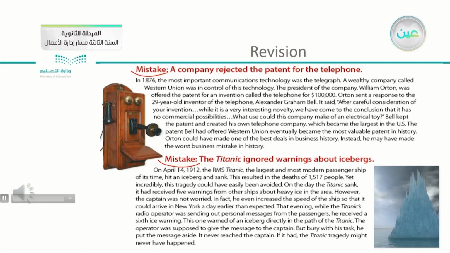Unit 1. Everyone makes mistakes. Pages 6 and 7. 1. Listen and discuss. Mistake. A company rejected the patent for the telephone. In 1876, the most important communications technology was the telegraph. A wealthy company called Western Union was in control of this technology. The president of the company, William Orton, was offered the patent for an invention called the telephone for $100,000. Orton sent a response to the 29-year-old inventor of the telephone, Alexander Graham Bell.